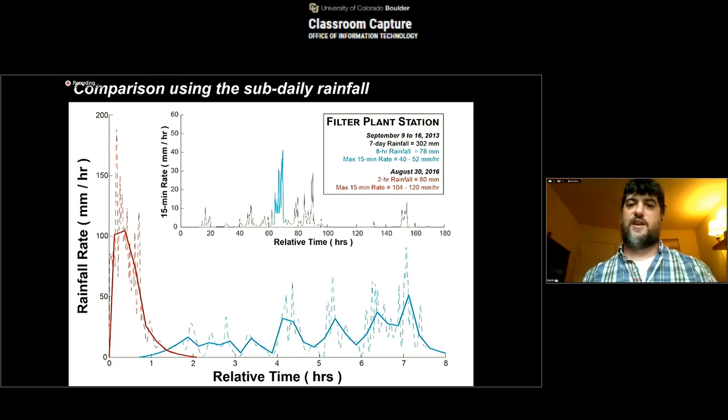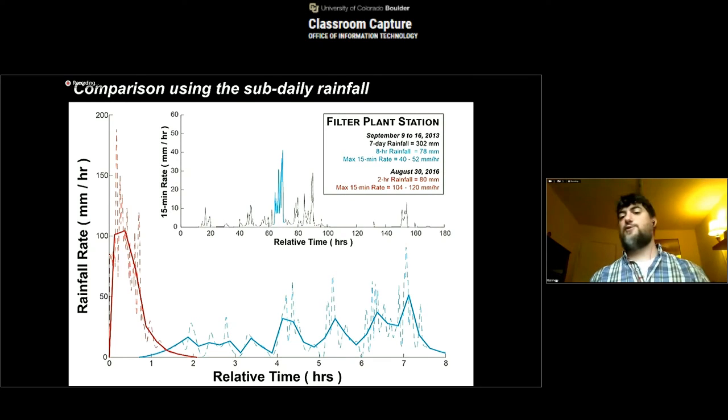And then I've also got the 15-minute rates, which are just smoothed over those spikes in the solid lines. And so hopefully you can see here that the peak intensities during that one event were at least a factor of 2 larger, but it didn't last very long. It only lasted for an hour.